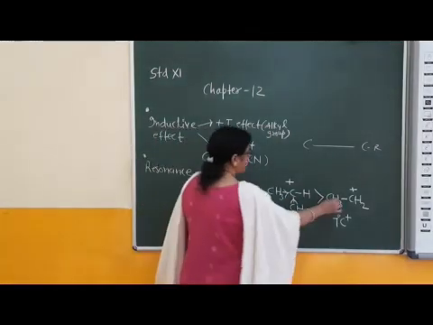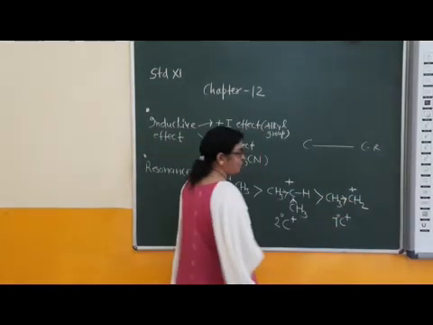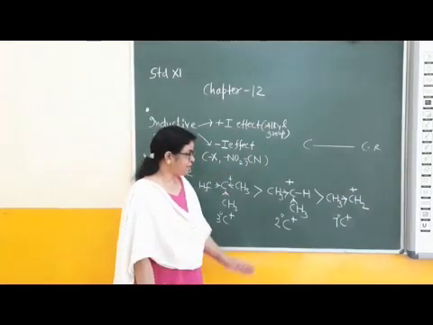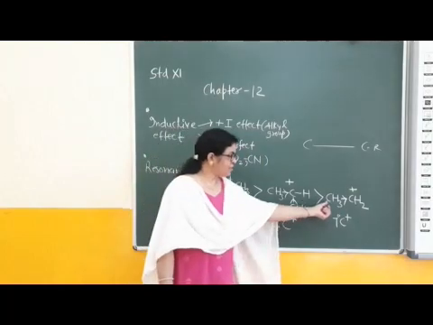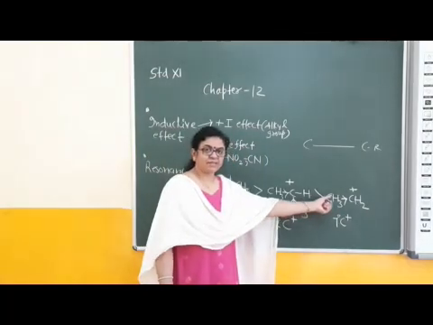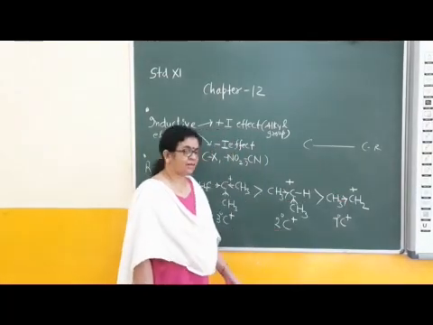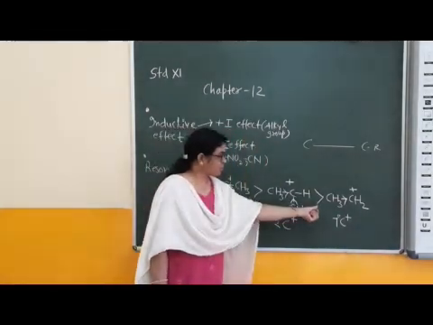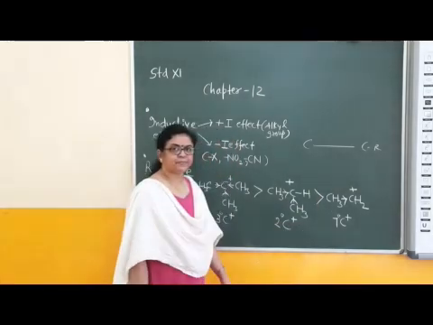In primary carbocation, only 1 alkyl group is present, either ethyl or propyl carbocation, attached with the electron deficient carbon. In this manner, plus I effect is shown by only 1 alkyl group, right?